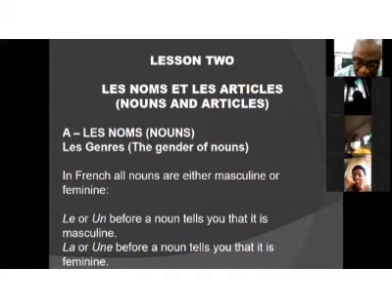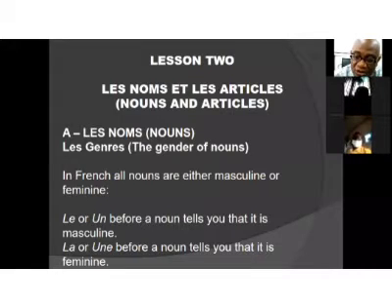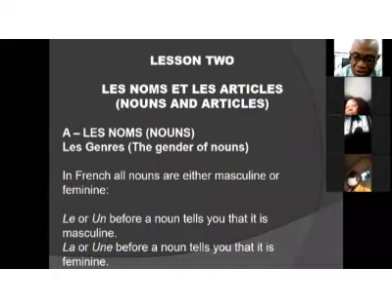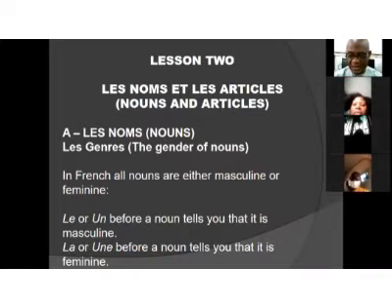Like I said while introducing lesson 1, every object in French is either masculine or feminine. Look at anything around you, everything around you is either masculine or feminine. That is to say, we use an article to qualify each of these.